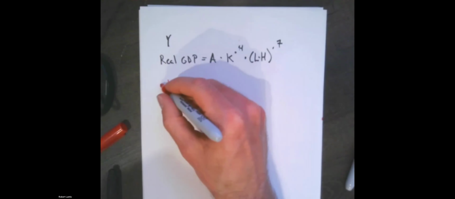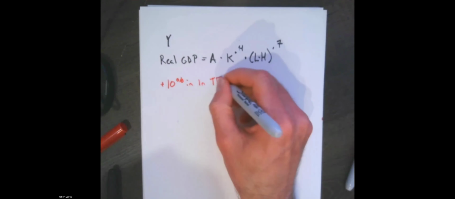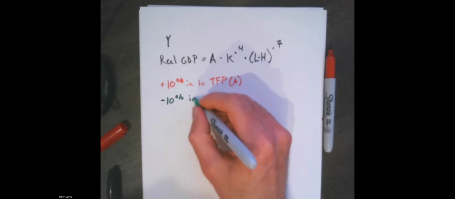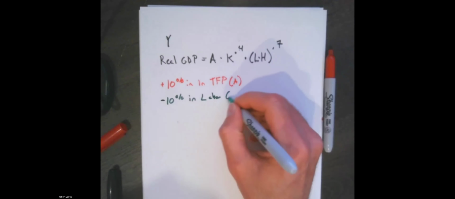Okay. What if we had a similar setup and I had a 10% change, and it was an increase in total factor productivity, which we notated by A. If simultaneously I had a 10% decrease in labor, and these happen simultaneously, well, total factor productivity is going up, but labor is going down.